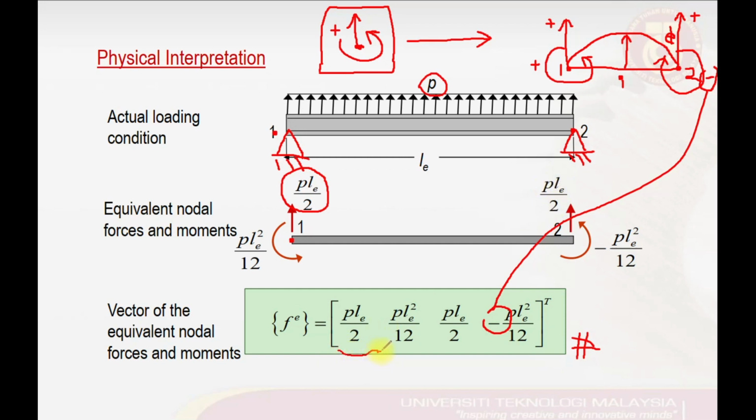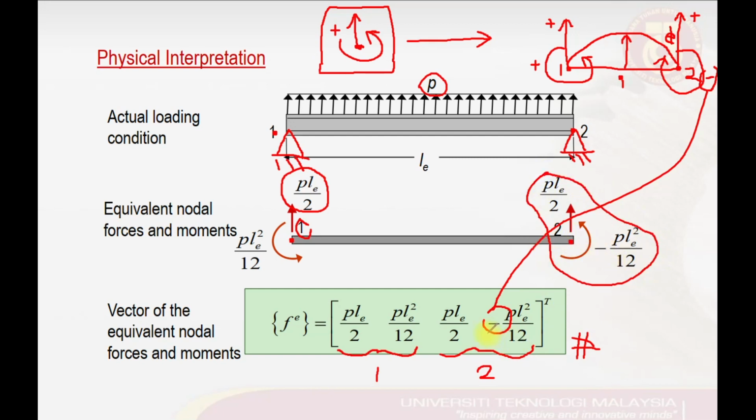So if we look at our row vectors, we have PL over 2 and PL square over 12, which refers to what is happening at node number 1 here, and PL over 2 and PL square over 12, which is referred to what is happening at node number 2.